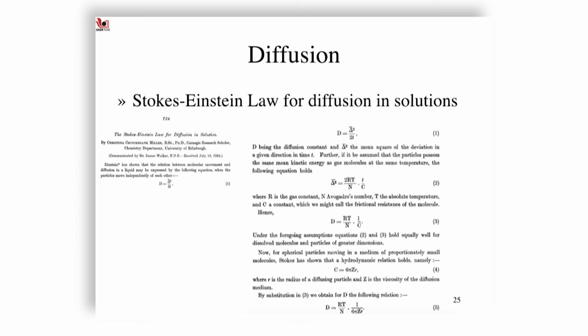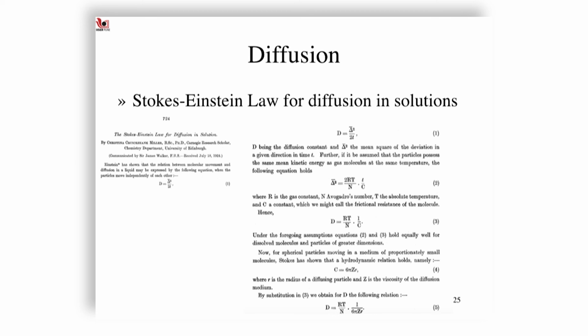Eta is represented here, I think, by z, and indeed this is your dynamic viscosity that we talked about last week. R is the radius of the spherical object diffusing, and 6 and pi are constants. So by substitution, the diffusion coefficient is kBT, that is RT upon N, simply kBT upon 6 pi eta R. This is the celebrated Stokes-Einstein relation.